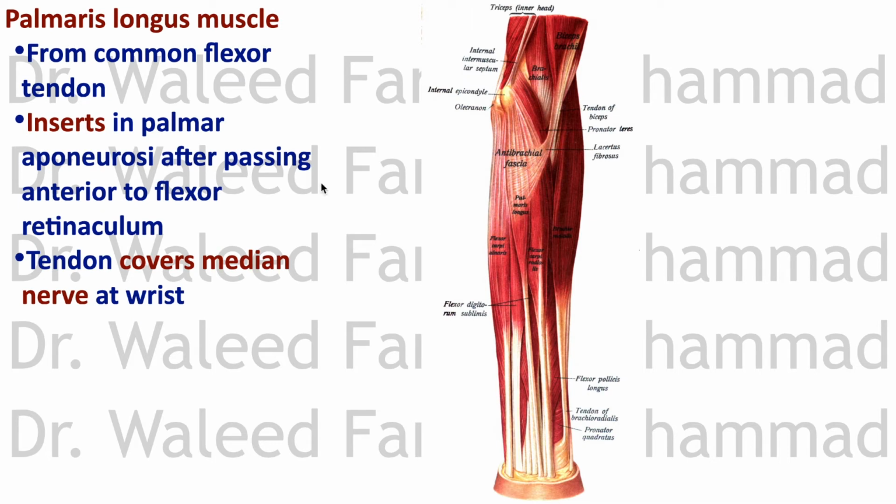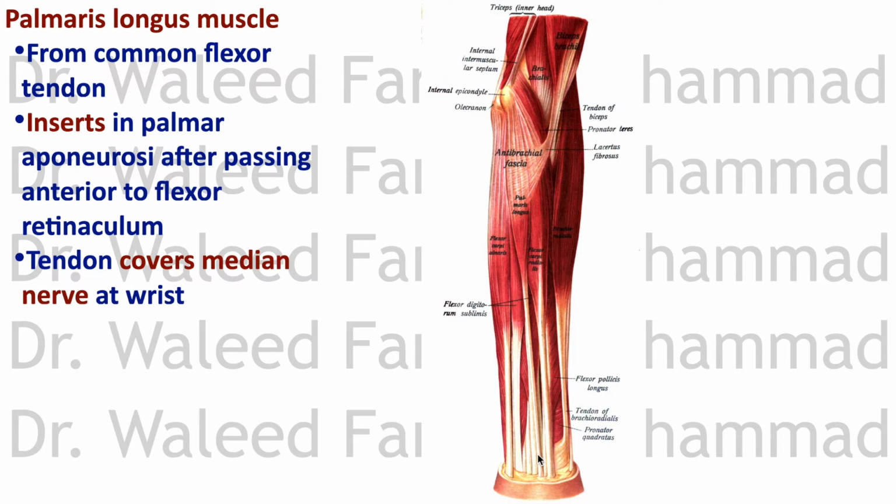Palmaris longus muscle. This is the palmaris longus muscle. It's a small muscle with a long tendon. And by the way, it may be absent in some people. The tendon is visible in the middle of the wrist when you tense your grip just before the hand.